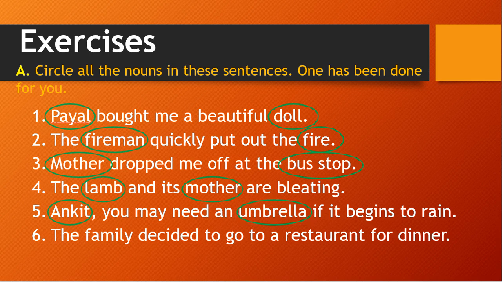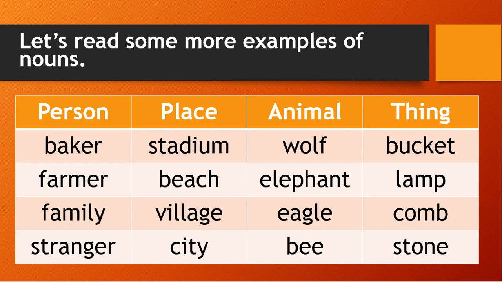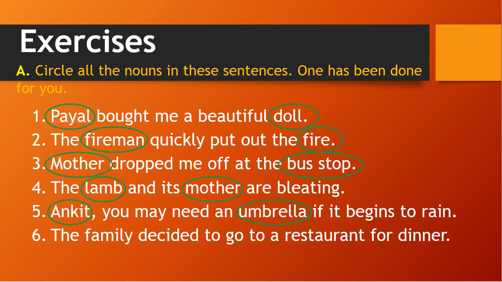And the last sentence, the family decided to go to a restaurant for dinner. In a previous slide I showed you an example; the family is already there as a noun, a type of person noun. And the last is the restaurant. Restaurant is a place where you go for lunch, dinner, breakfast, anything. So restaurant is a noun.